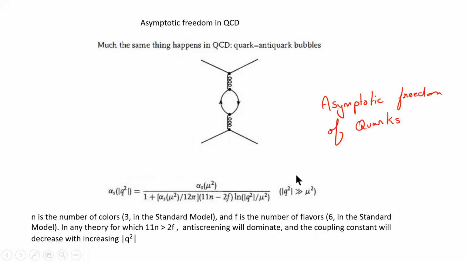So as they come closer together, at very close distances, the coupling between them, that is, the attraction between them, is decreasing. This is called the asymptotic freedom of quarks. So these are some of the diagrams that we've studied.